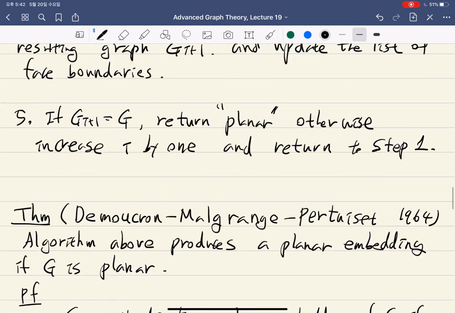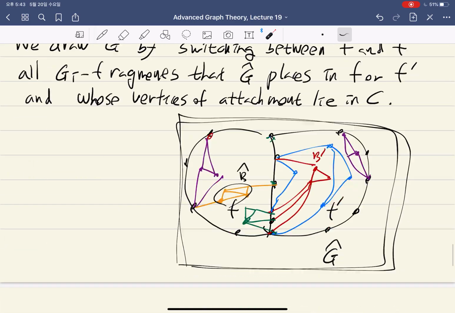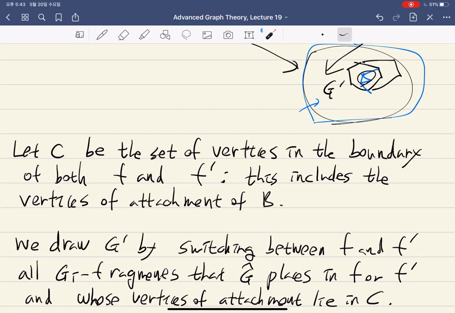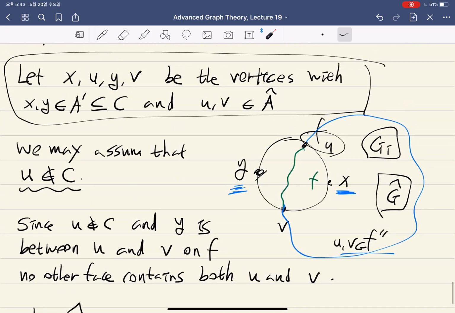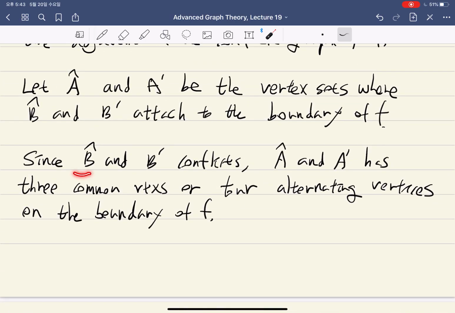In our algorithm, what did we do? If there exists such a B with only one possible choice, then we always select this. But what we have assumed here is that we chose B because for all possible choices, this F_B is always bigger than 1. But here we have this B prime. No, not B prime, B hat.